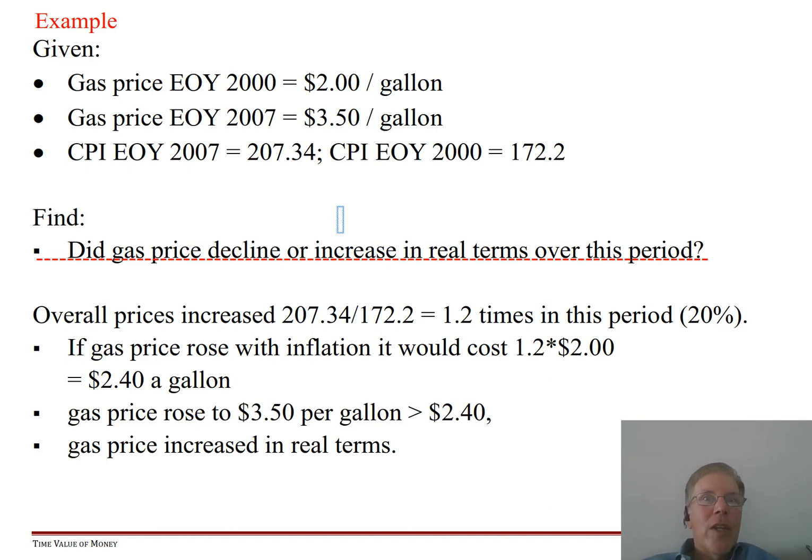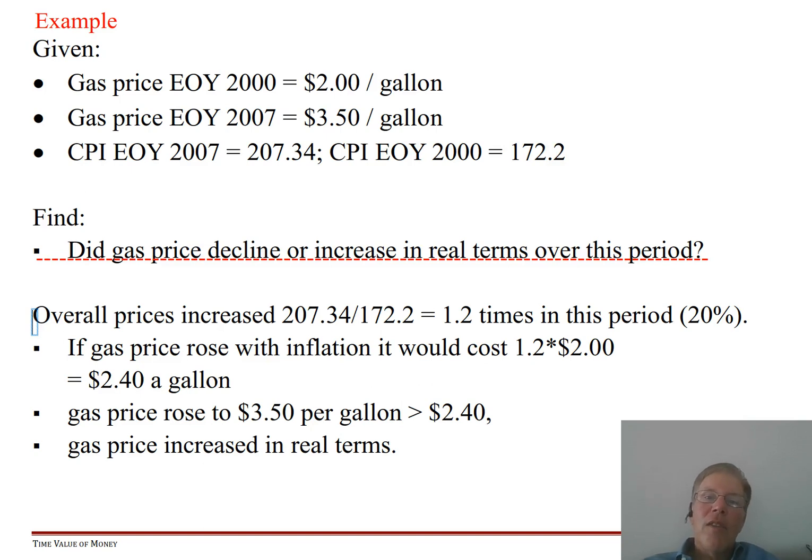There are several ways to solve this problem. Let me show you how I solved it. If you want to solve it a different way, that's fine, as long as you come to the right conclusion. So here's how I did this. I said that overall prices increased by this ratio of 207 over 172, or 1.2 times, or 20% in this period.